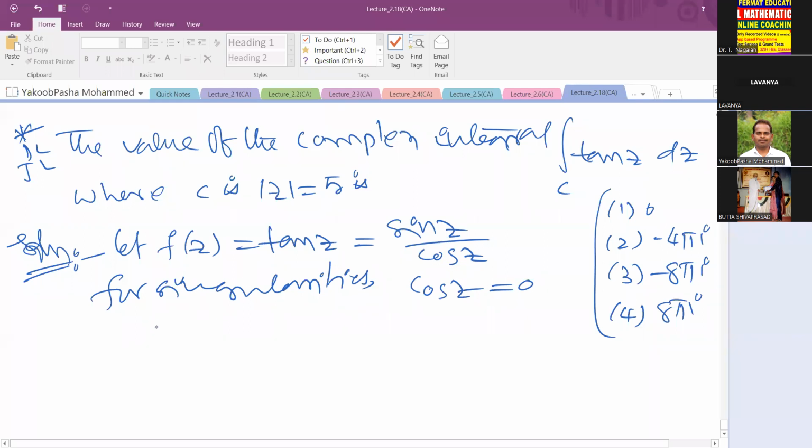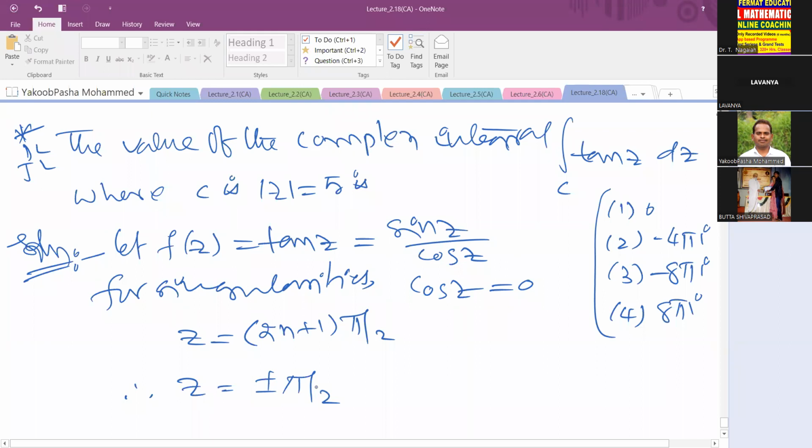Cos z is equal to 0 means z is equal to odd pi by 2. That is, you can write (2n plus 1) into pi by 2. This is pi by 2, 3 pi by 2, 5 pi by 2, like that. So if you take n is equal to plus or minus 1, in this case, we get pi by 2.